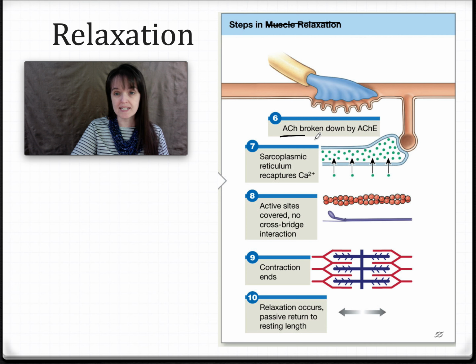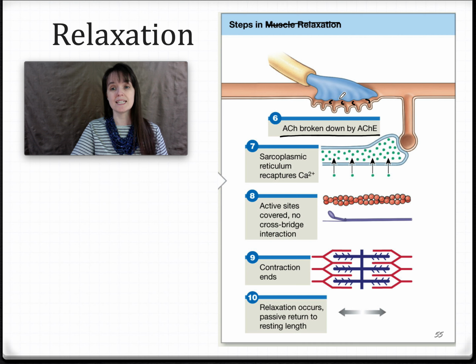Number 6, the ACHE eats the ACH. So the acetylcholinesterase, those were the little moon shapes in here, the little enzyme bits. And we said that the acetylcholinesterase, the ACHE, breaks about half of the acetylcholine down before it even reaches the motor end plate.